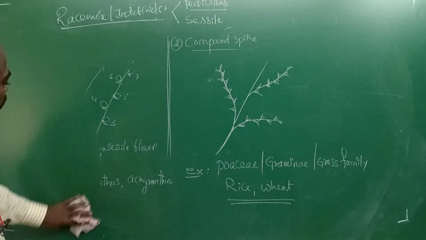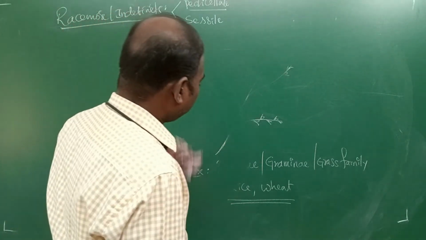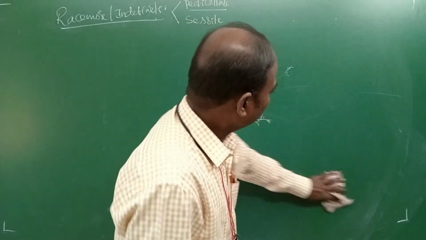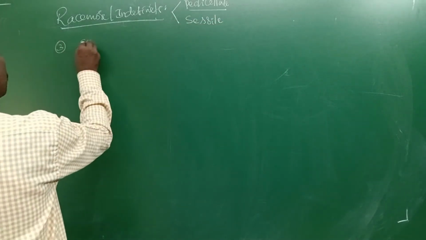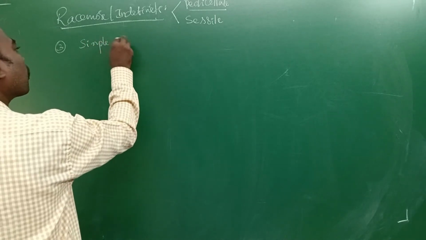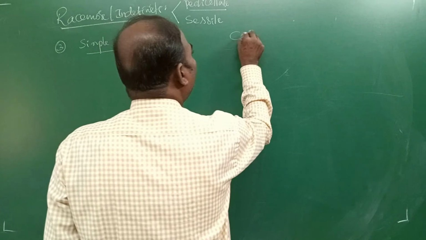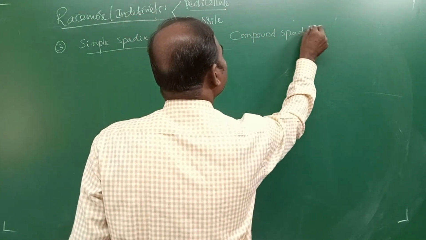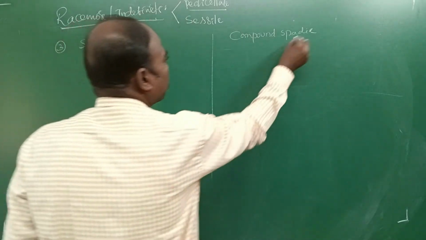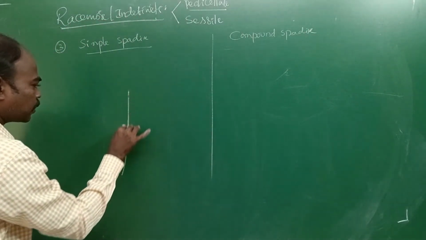Then simple spadix. Compound spadix. Here also the inflorescence axis grows continuously.